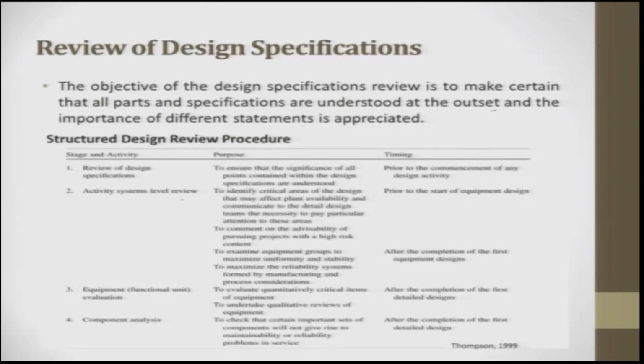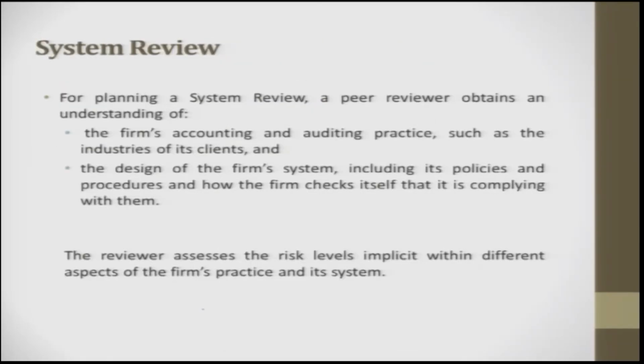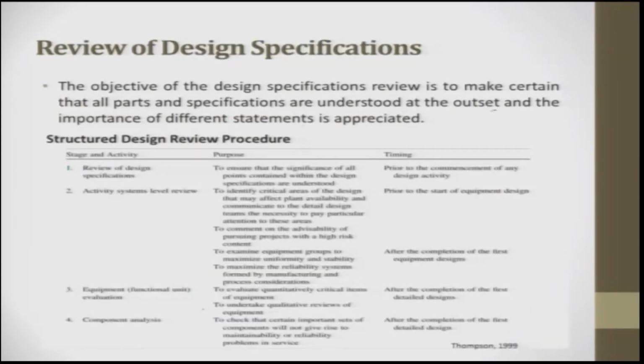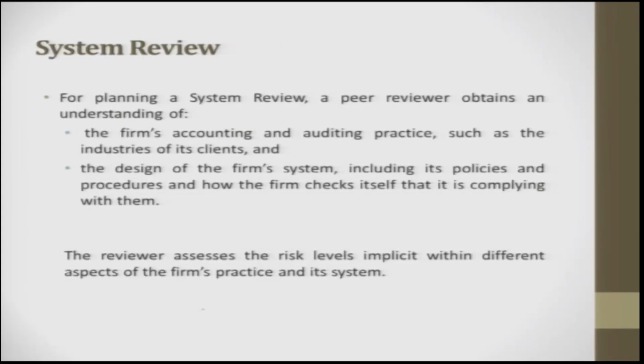Then system level review. So, these are all the different reviews we do. Equipment evaluation is to evaluate quantitatively critical items of equipment. So, these are the equipment and these are the component level design review techniques. System review is also part of that. So, here design review, design specification for design for maintenance was defined.